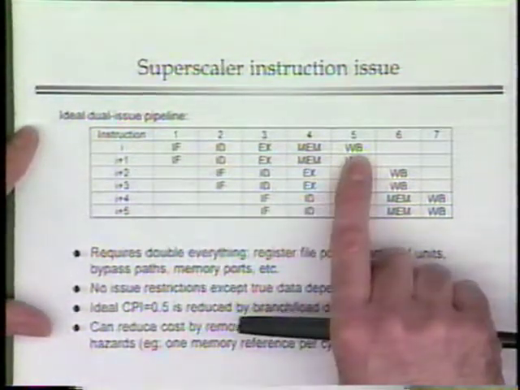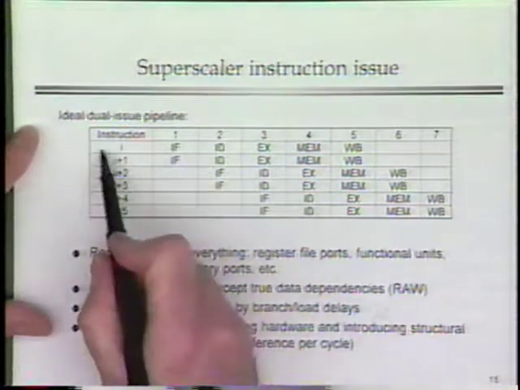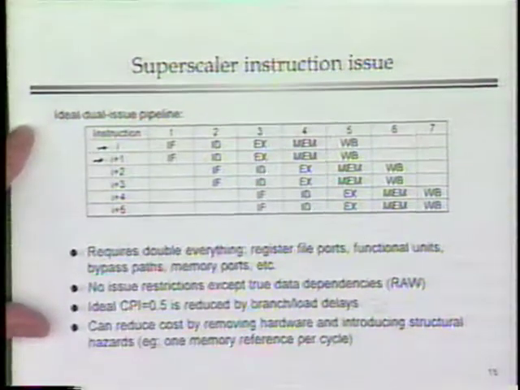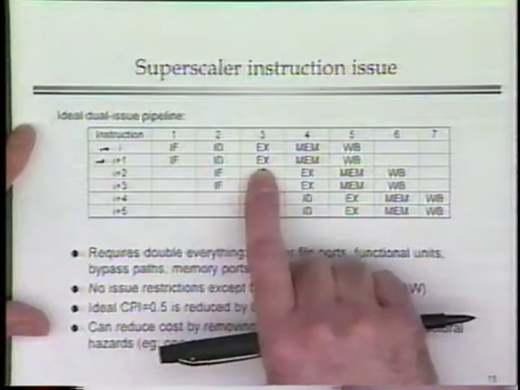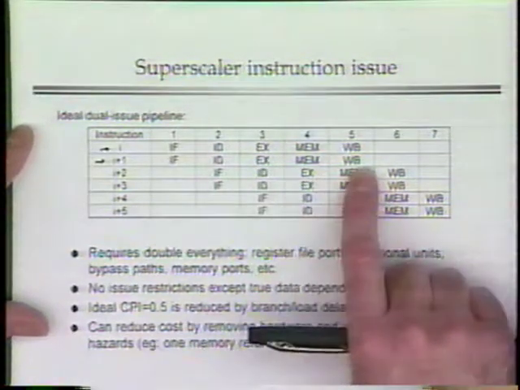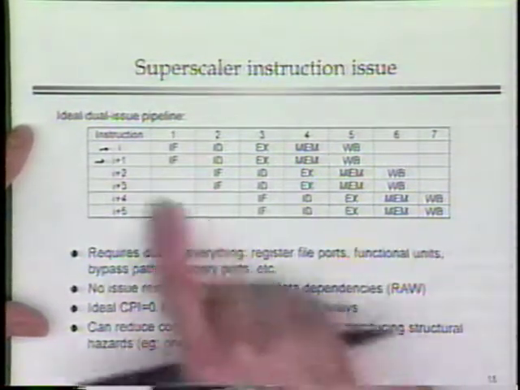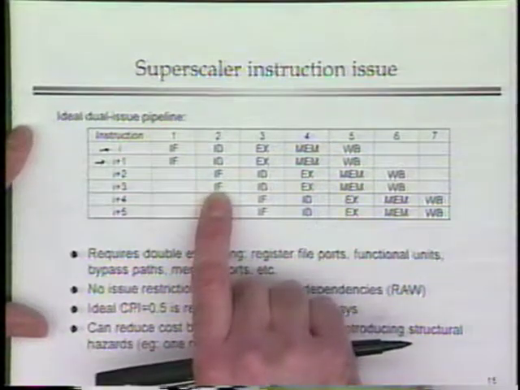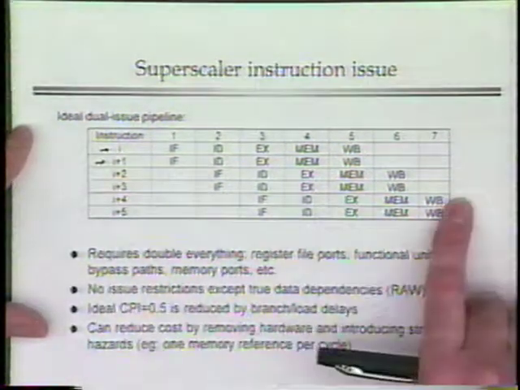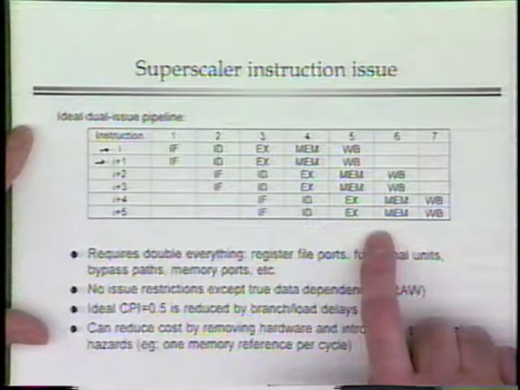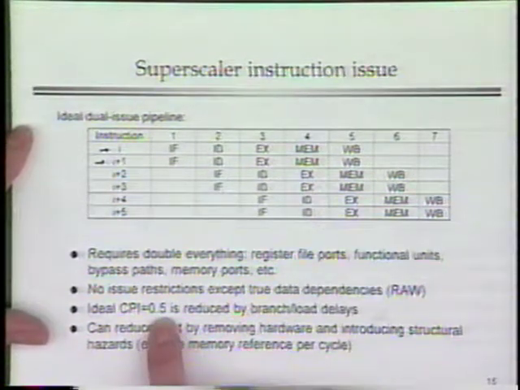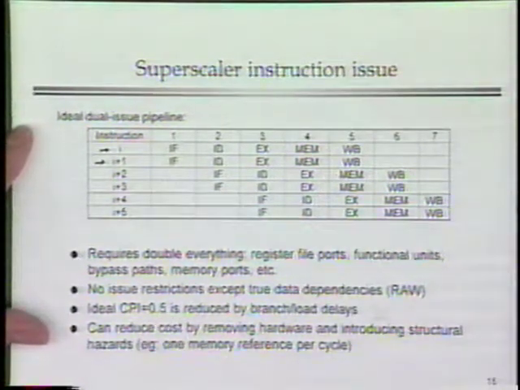Traditional 5-stage pipeline, but here we're fetching instruction I plus 1 at the same time. We're decoding them both at the same time, executing both at the same time. They all go through all of the stages of the pipeline at the same time. One cycle later you fetch another 2 instructions. So if you do this, you can get an ideal CPI of 0.5. You've doubled the execution rate of the machine.